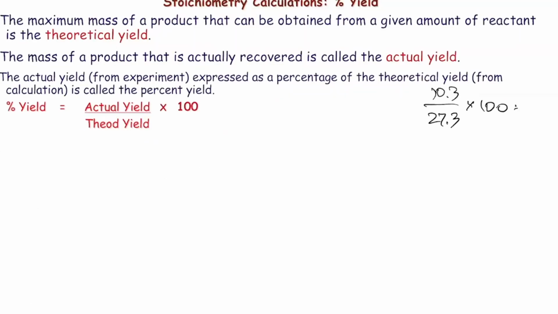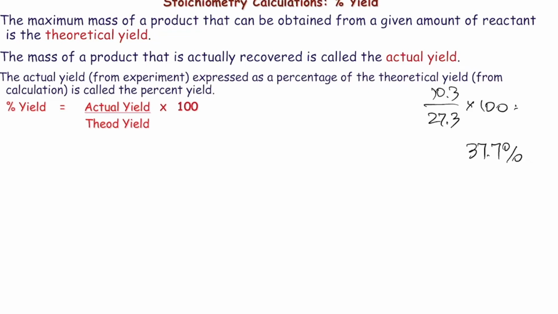That is our percent yield, and that number comes out to 10.3 divided by 27.3 times 100. We only have a 37.7% yield. It's not a difficult calculation.